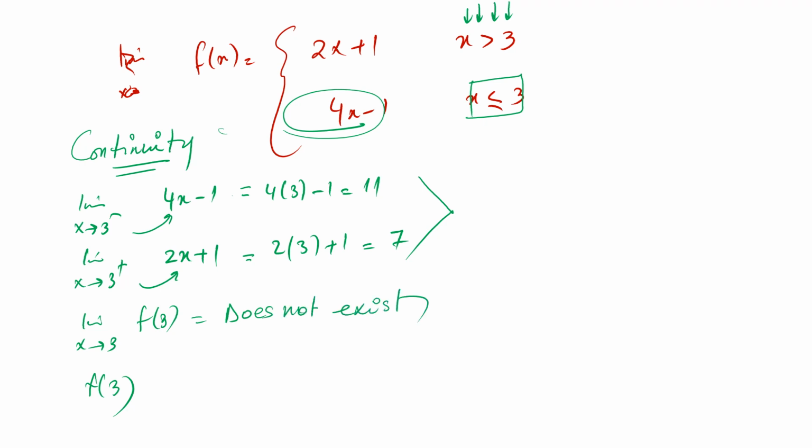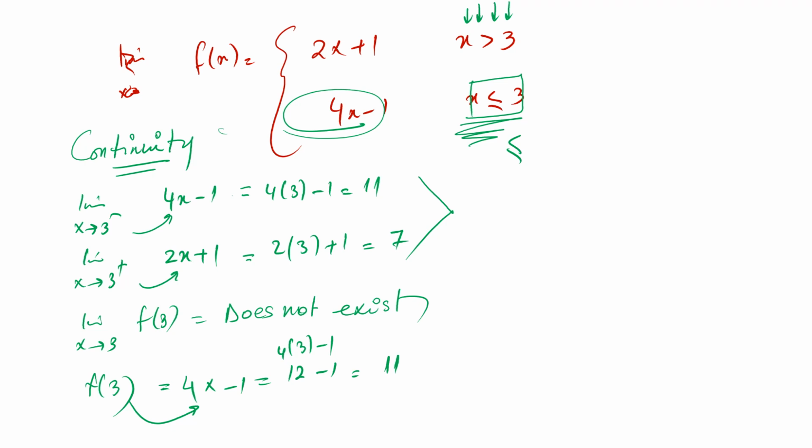Now the continuity at 3 exactly. I will choose my second equation because it is the only one where they say less than or equal to. So 4x minus 1, apply the limit, 4 times 3 minus 1, I will get 11.